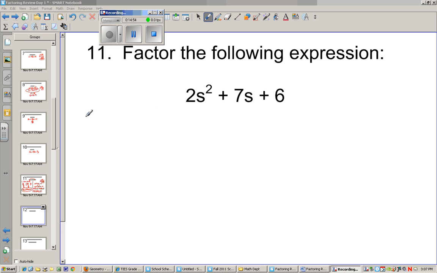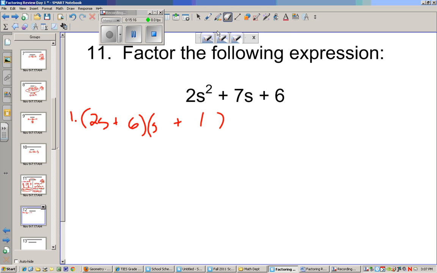I'll do the guess and check first. Let's try a 1 and a 6. This would be 12 plus 1. That's not going to work. What about a 6 and a 1? That's 6 plus 2. That's not going to work.